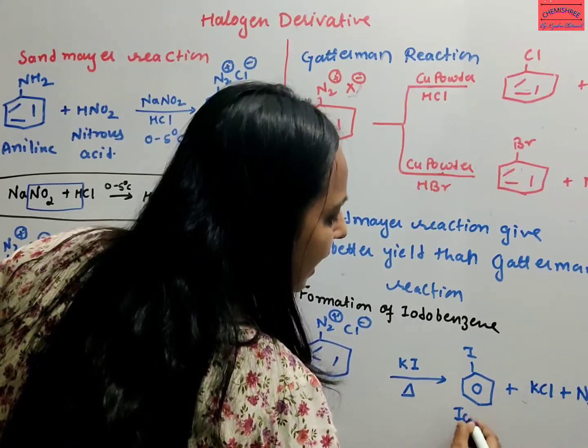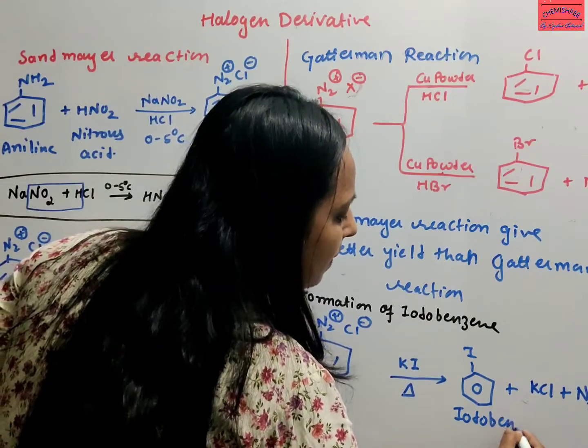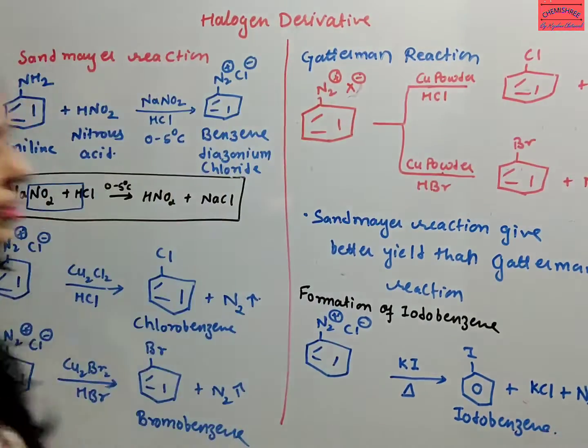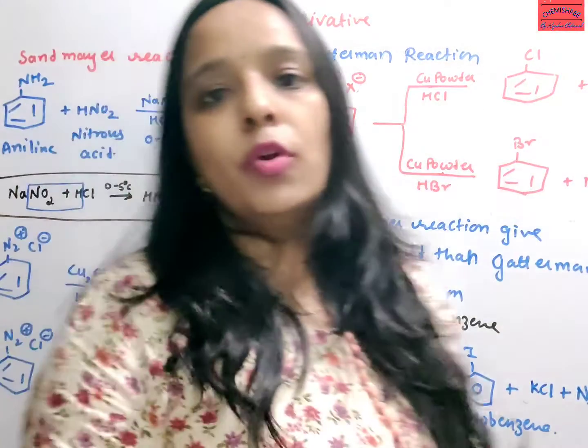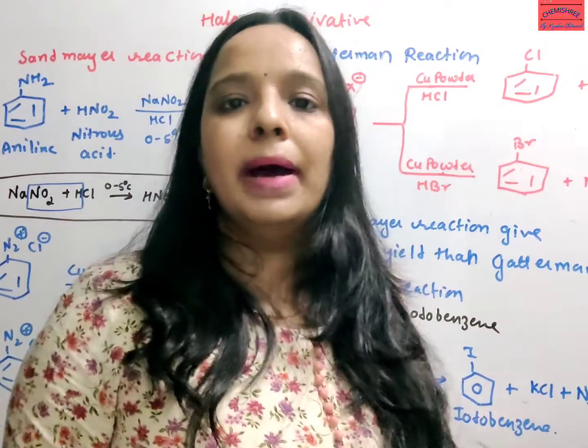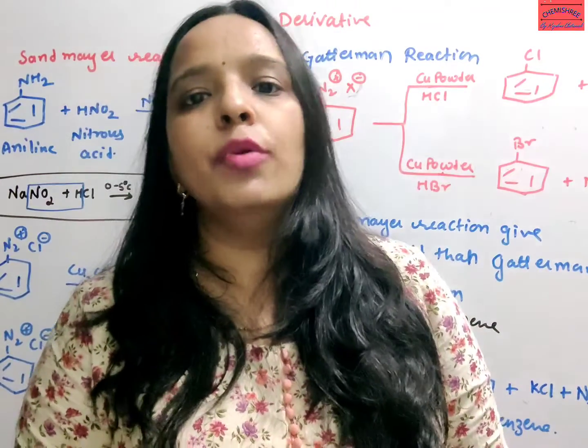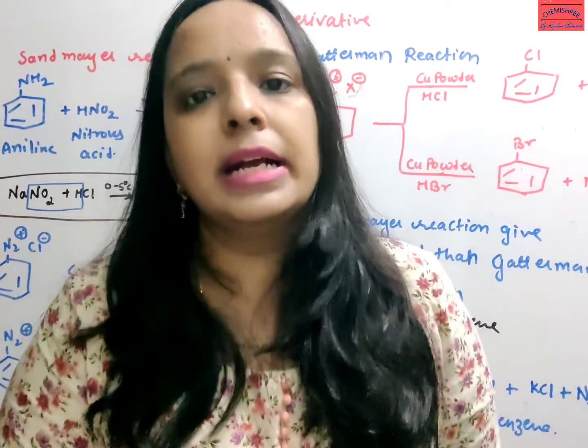So you will get iodobenzene. So by Sandmeyer and Gattermann you can form chlorobenzene and bromobenzene, and by heating with potassium iodide you can form iodobenzene. Take a screenshot.